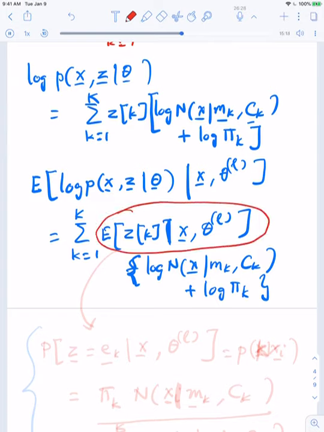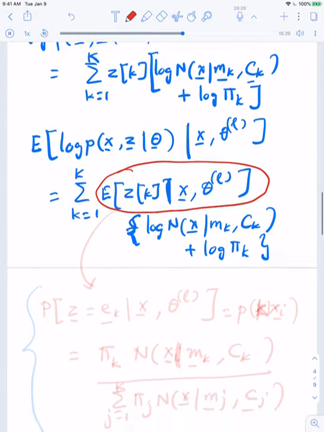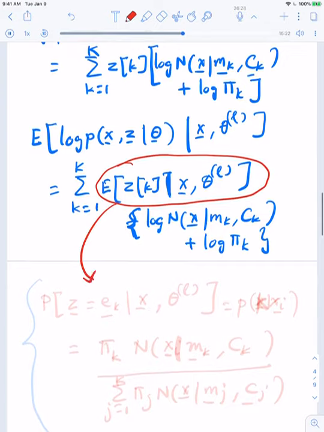So this is what we need to do. But look at this. This guy can only be 1 for one of these at a time and 0 for everybody else. So this is simply equal to the probability that z equals e_k given the data point and given the current assignment of the parameters.